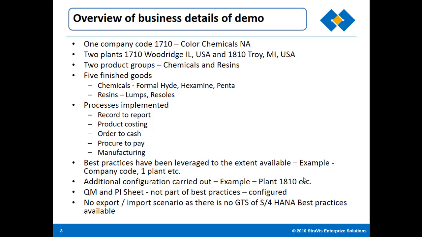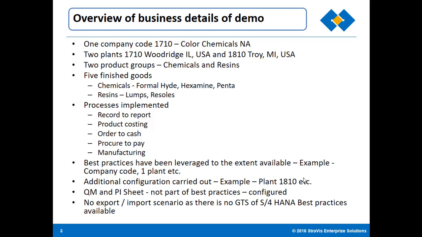For implementing these business scenarios, we have extensively leveraged the best practices provided by SAP as part of S/4HANA. For example, company code 1710 was already available, we leveraged it, and plant 1710 was available, we leveraged it. In addition, there was additional configuration that we carried out.